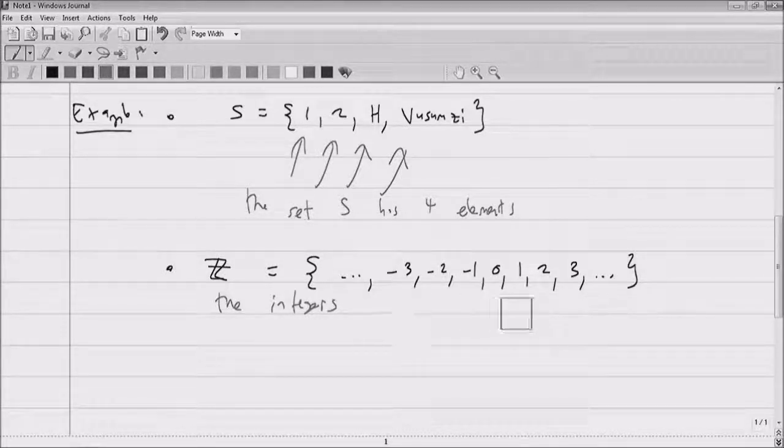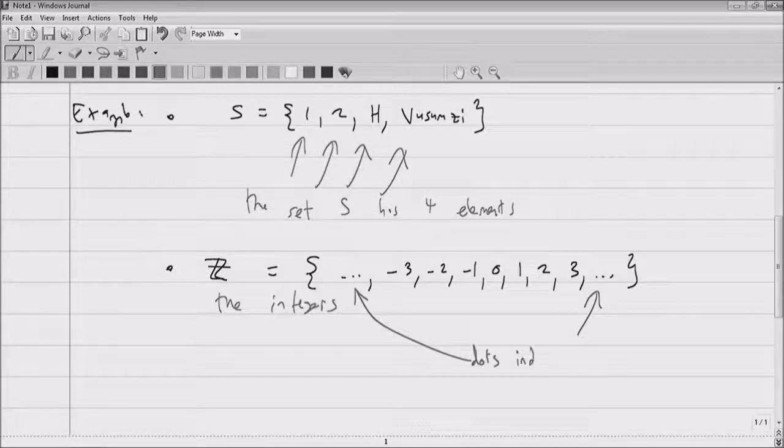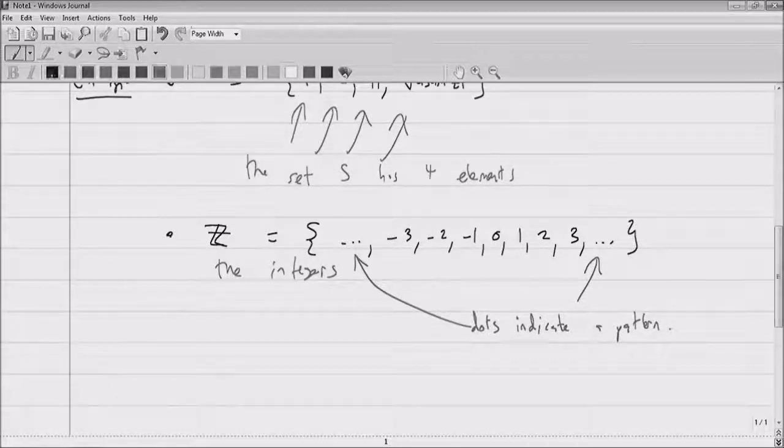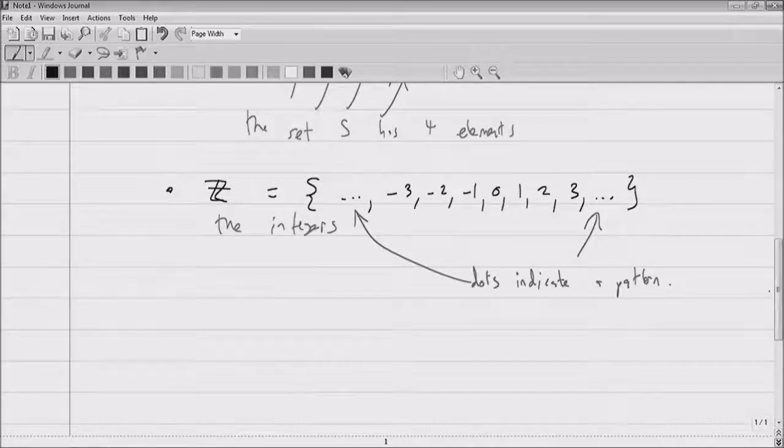So this indicates that this goes on from 3 to wherever, up to infinity, and from -3 down to -infinity. Yeah? So the dots indicate a pattern. Okay, so that's called the integers. That's Z.